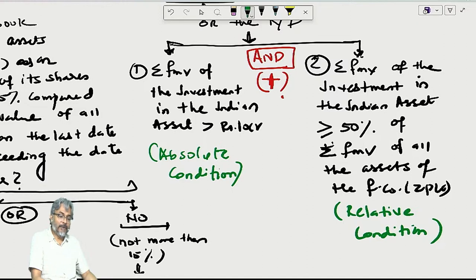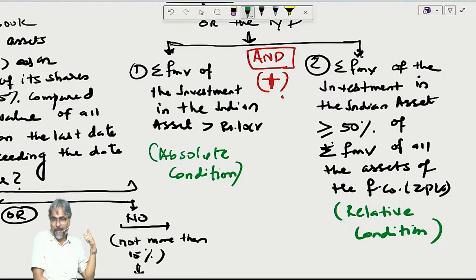The absolute value of the investment made by ZPLC in the Indian asset should be more than 10 crore. This is the absolute value. And what is the second one? Relative. Now relative is versus this, versus all.